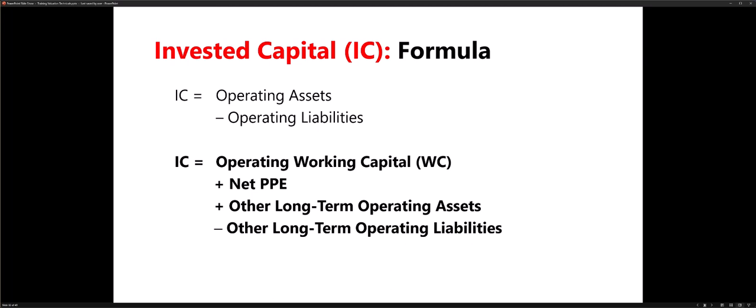So, like I said earlier, it includes the operating working capital, your net PPE, your ROU assets, your intangibles, which is part of this, and maybe a line called other assets might be here if you consider it operating, and then other long-term operating liabilities.